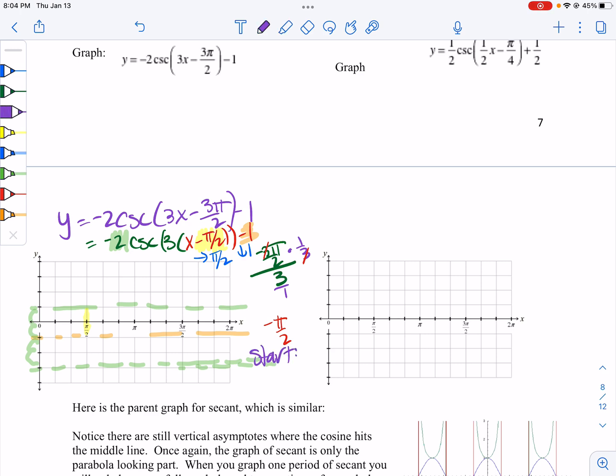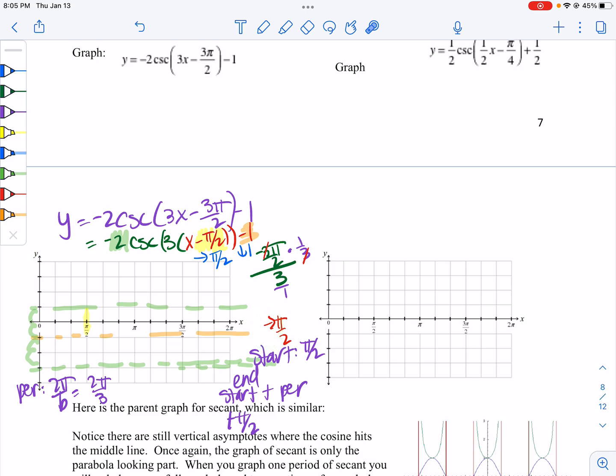Remember, to find our end value, you're going to do the start plus the period. The period in this case is 2 pi divided by the b, just like it's always been. The b in this case is 3. Where's my starting point? Negative pi halves. No, positive pi halves, sorry. I don't know why that was randomly a negative.